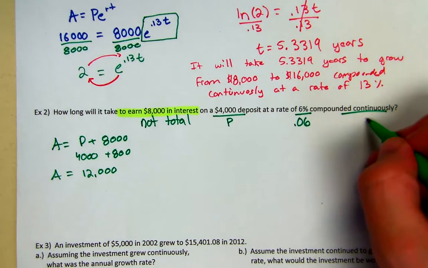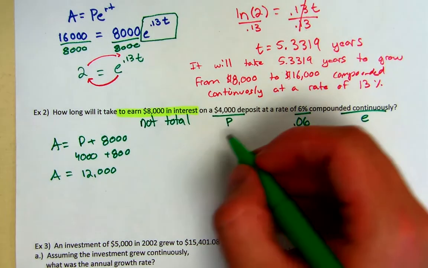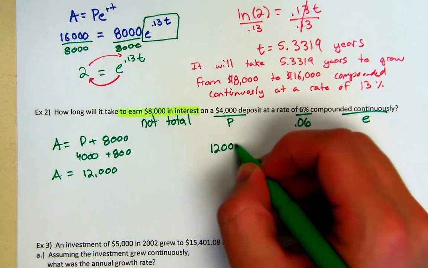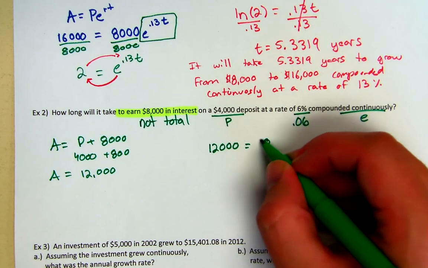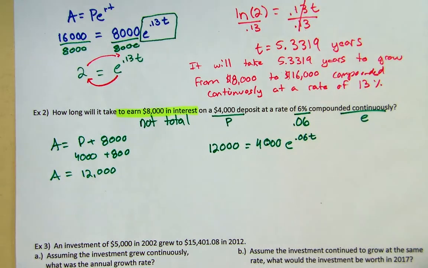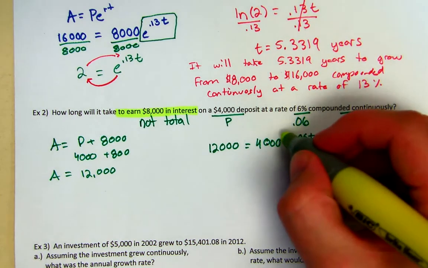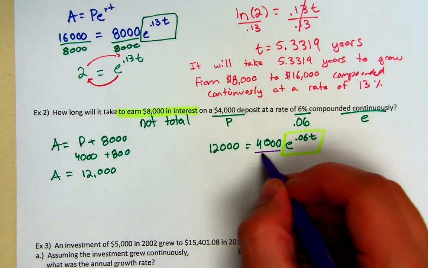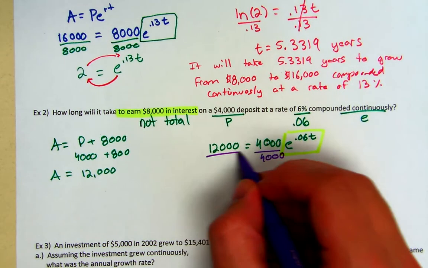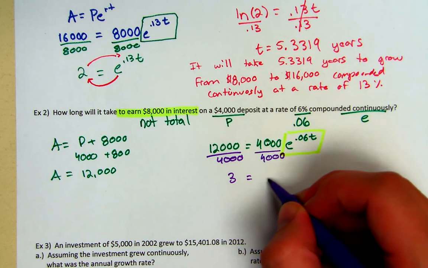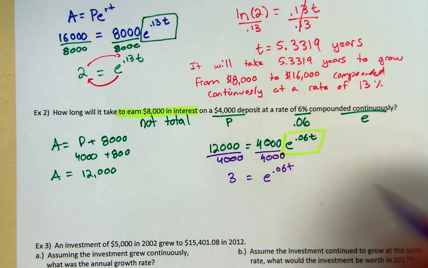Compounded continuously, that tells me I'm using PERT. So A is 12,000 equals my initial 4,000 e to the 0.06t. Again, I want to get E alone. So I'm going to divide by 4,000, divide by 4,000, and get 3 equals E to the 0.06t.